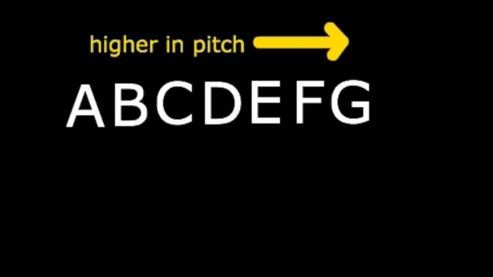Notes are kind of like people. They need a name. And we name those sounds using the English alphabet. A, B, C, D, E, F, G. As you can tell, the notes are going higher in pitch.